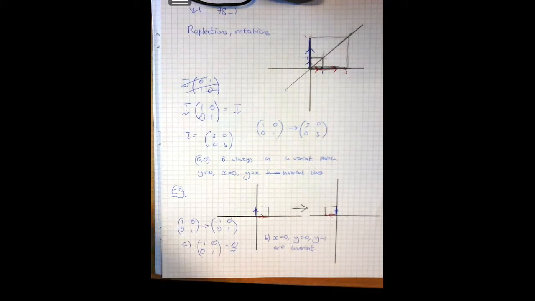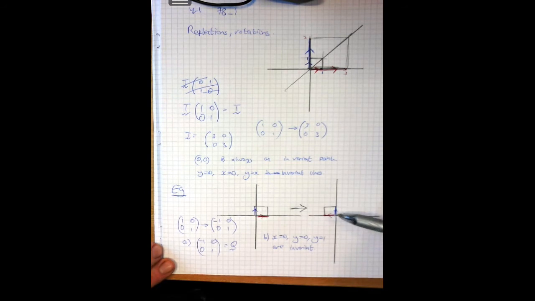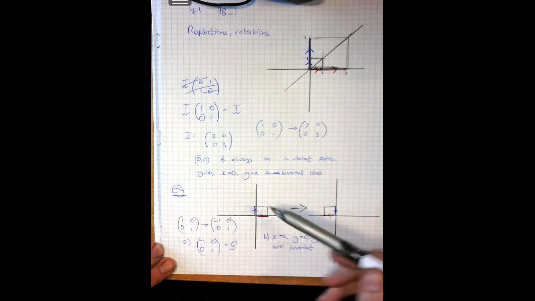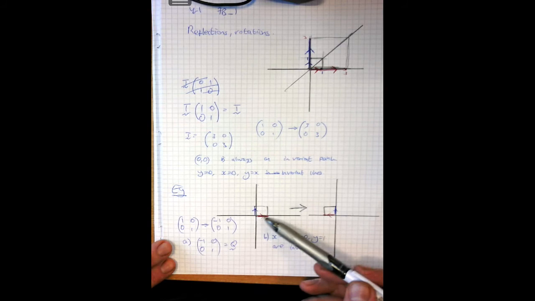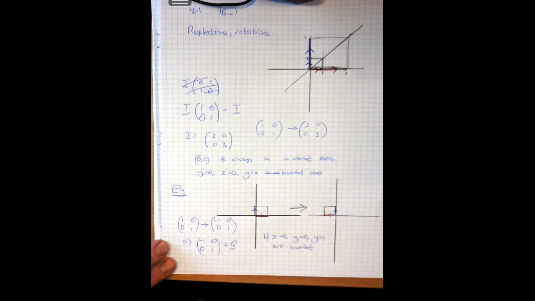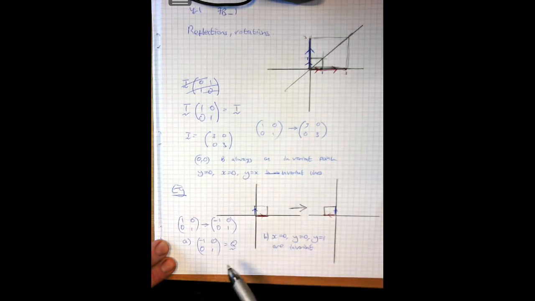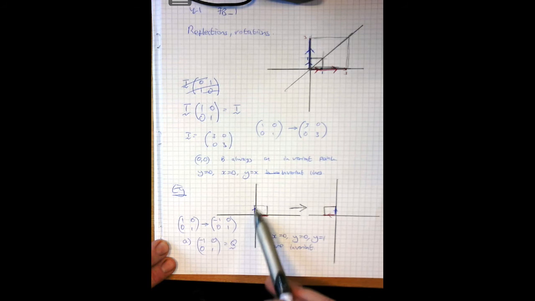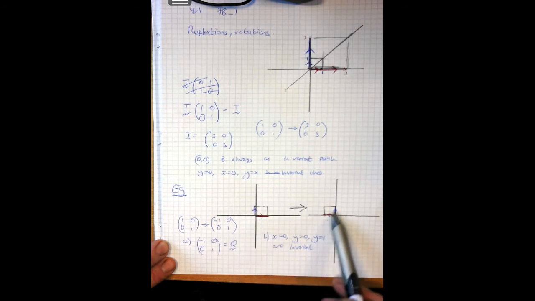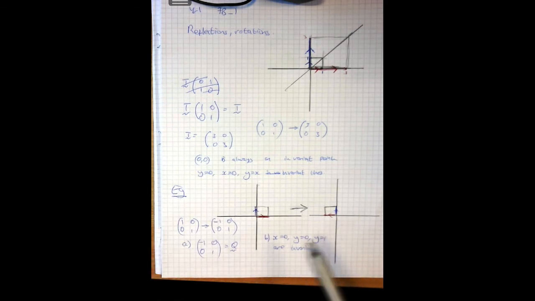Now we've got to be really careful here, because I could get from that square to that square via a rotation. But of course it hasn't been rotated. Were it rotated, the red would have been pointing up and the blue would have been pointing across. So drawing those two sides in different colours and their corresponding sides in different colours really is important, because it shows the difference here between a reflection and a rotation.